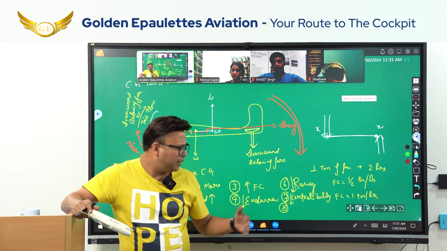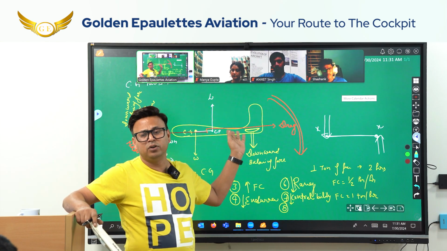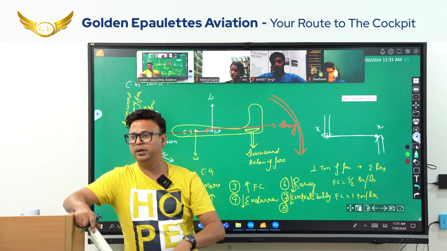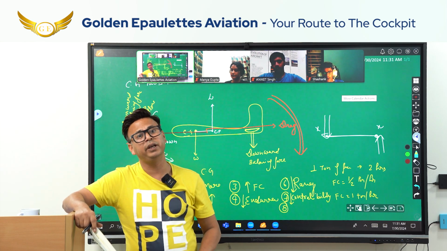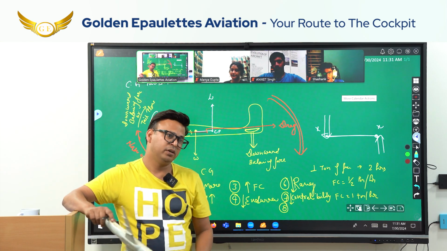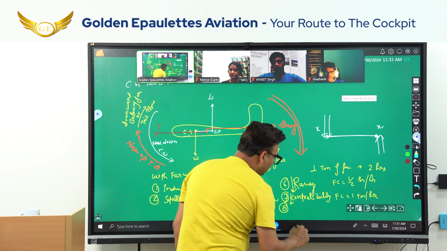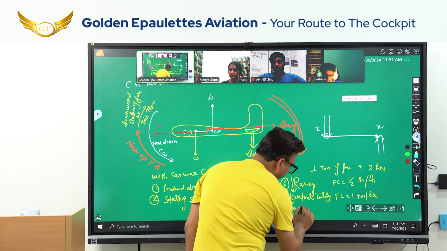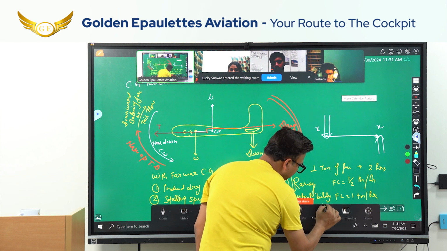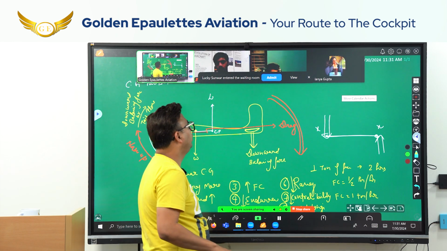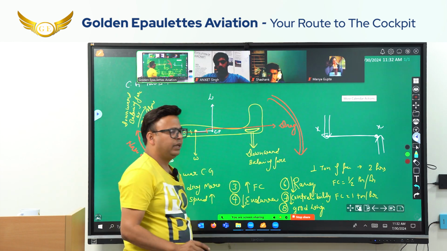So in our aircraft, if the controllability with CG forward is poor, that means stability would be good. So it produces good longitudinal stability. So write down good longitudinal stability. Any doubt with that?